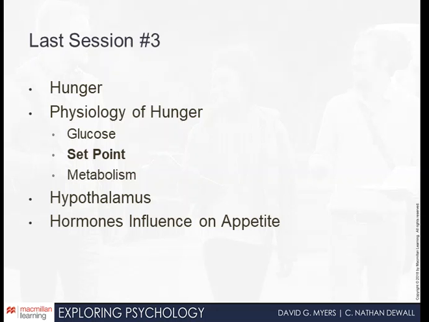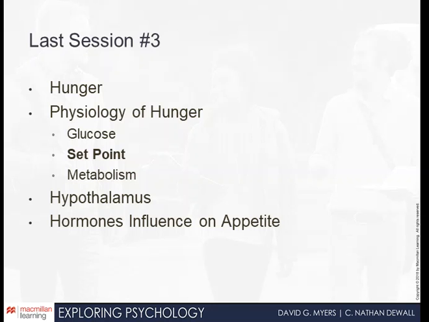I want to emphasize something about the set point. The set point is where your body sort of establishes your weight. And when you are attempting to diet, for example, you go on a diet, and let's say we lose some weight, what will happen is your body will sort of fight you against that. One, it will increase your hunger so that you want to eat more food.